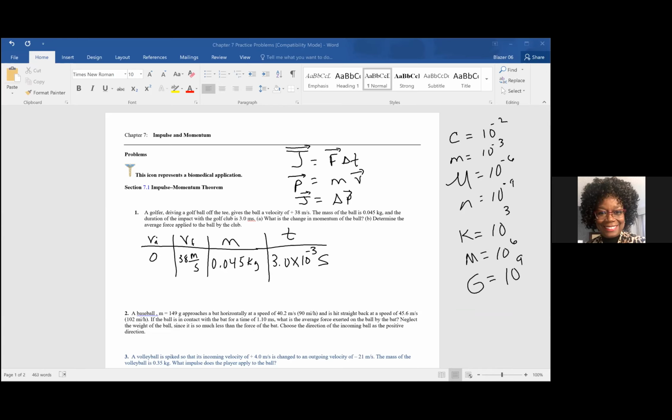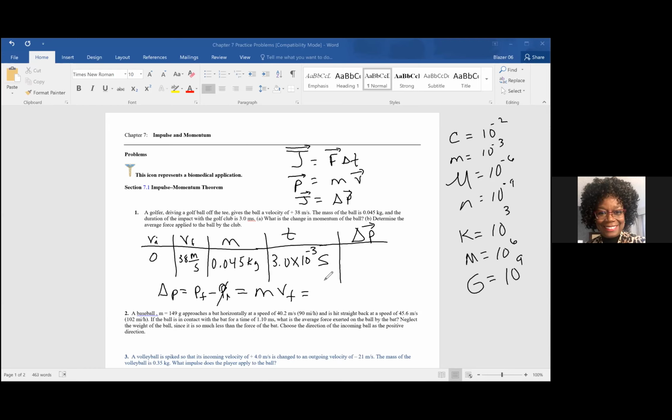Okay. Now the question is, what is the change in momentum of the ball? What is delta p? Of course, we know that change in momentum is momentum final minus momentum initial. And since VI is 0, there is no initial momentum. So we simply have mass times velocity final.